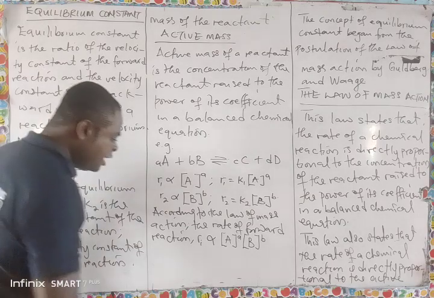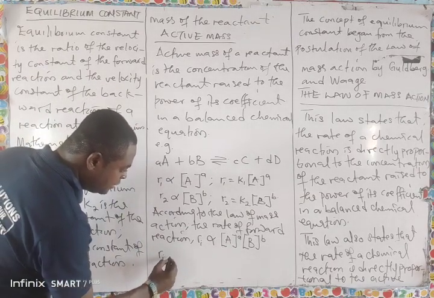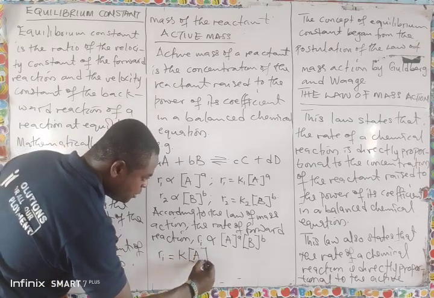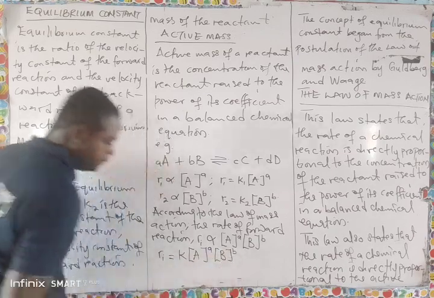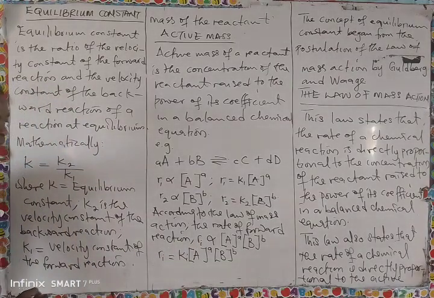So we can now say, introducing K, R Roman figure 1 is equal to K into A raised to A, B raised to B. Let me call this one K1.